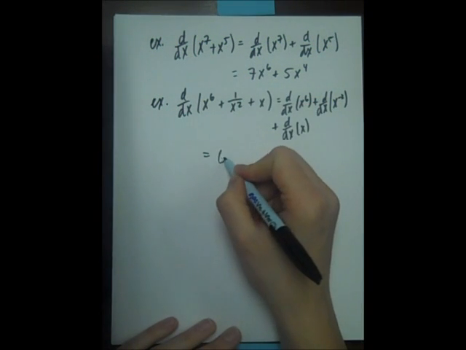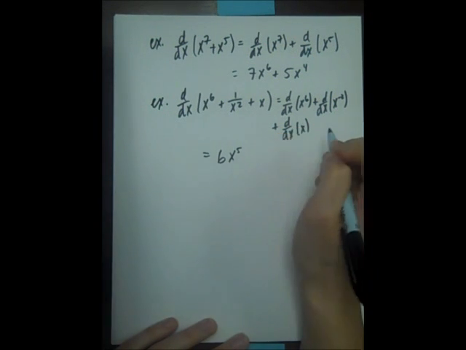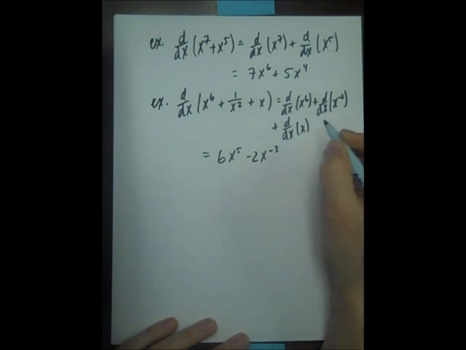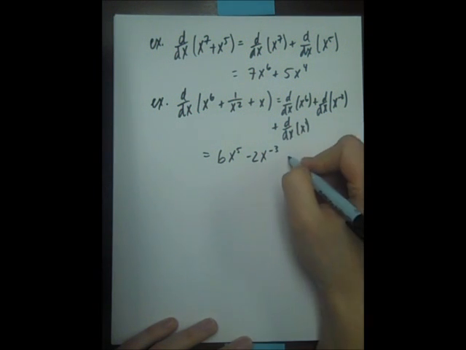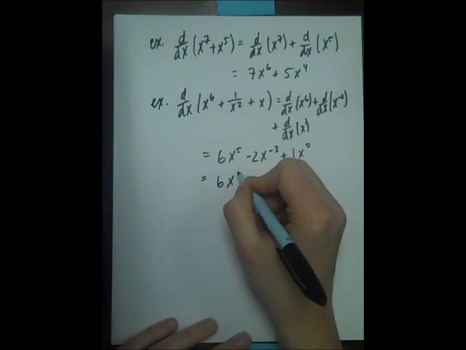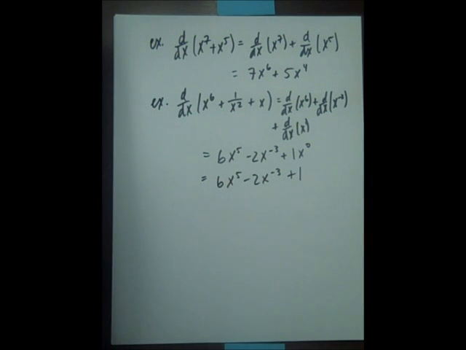So x to the 6th, bring down my power, subtract 1. x to the minus 2, bring down my power, subtract 1. And then again, we have a 1 there, we just don't write it. Bring down my power, subtract 1. So I get 6x to the 5th minus 2x to the minus 3 plus 1.